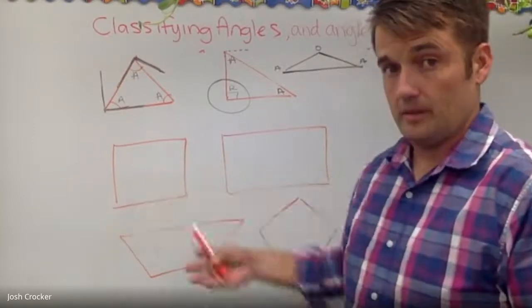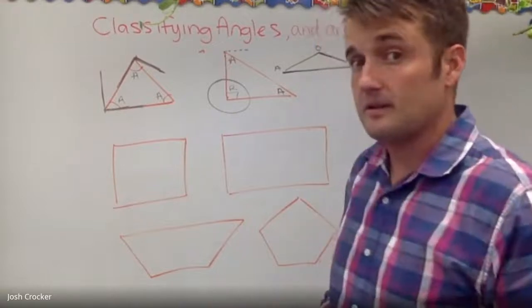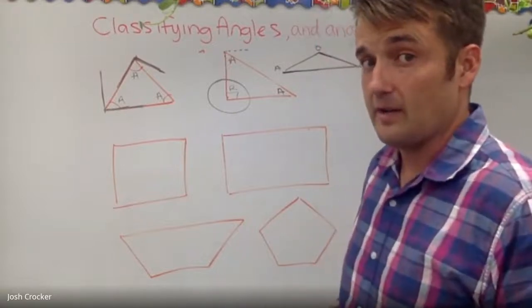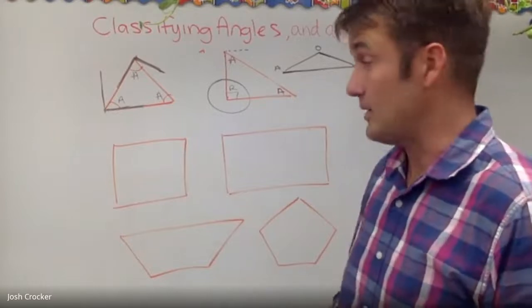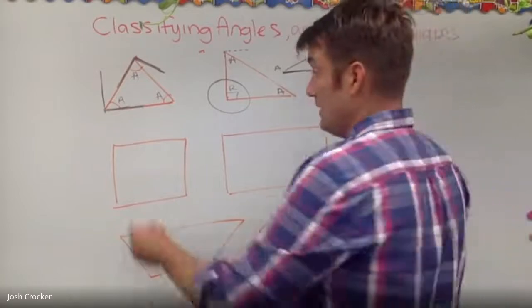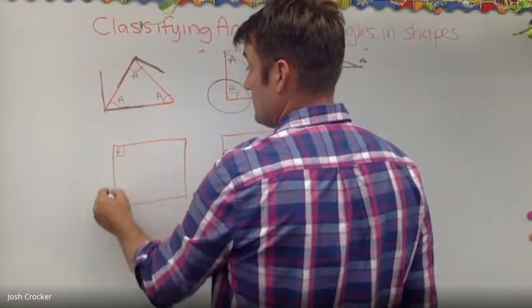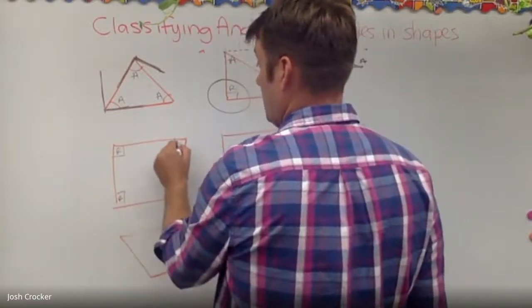Look at this shape. It's a square, right? To be a square, you have to have a certain kind of angles. Squares cannot have acute angles. Squares cannot have obtuse angles. They can only have right angles.